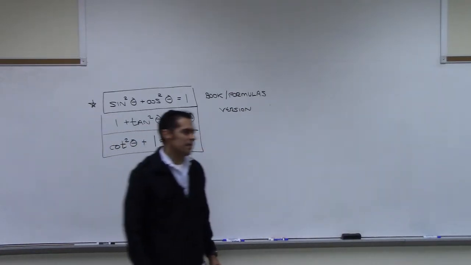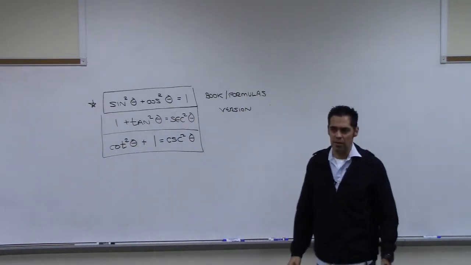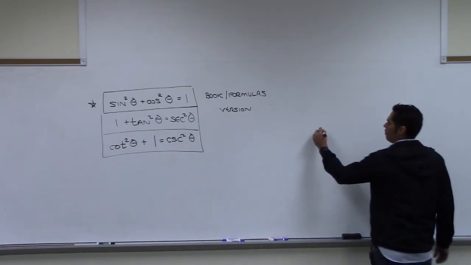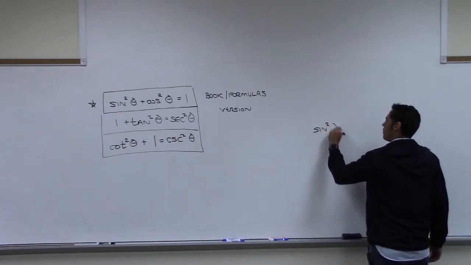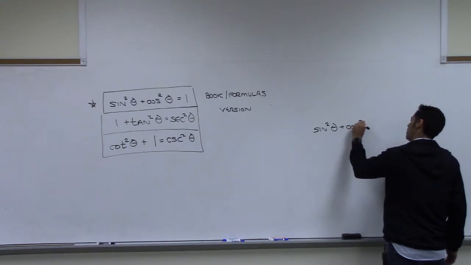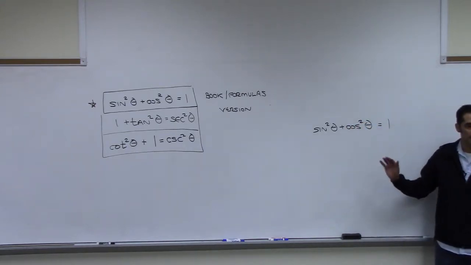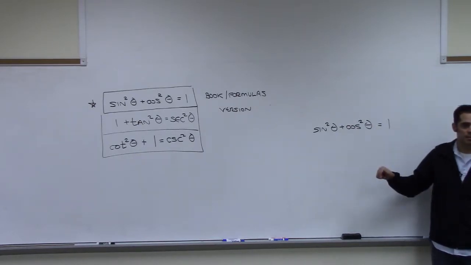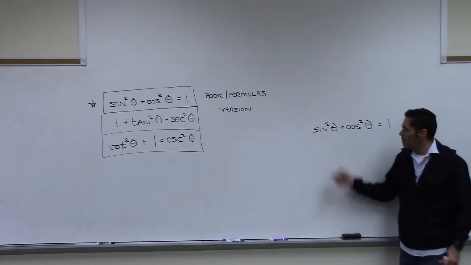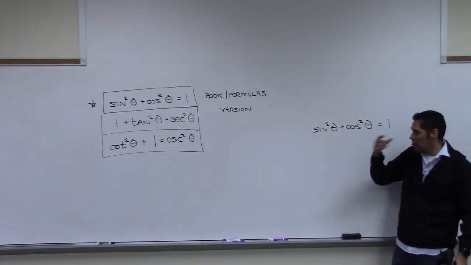So any time that I could, I would try and become a little more efficient. So if you have trouble memorizing all those formulas, instead just memorize this one, okay? If you memorize this one, you can come up with the other 2 pretty easily. I'll show you how.